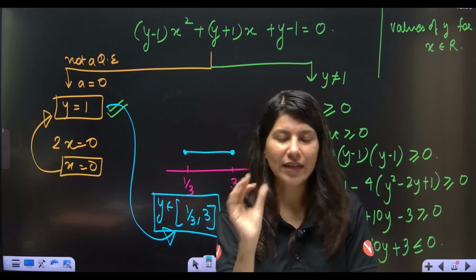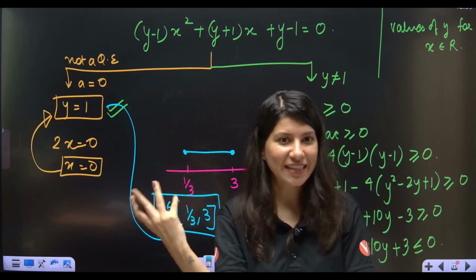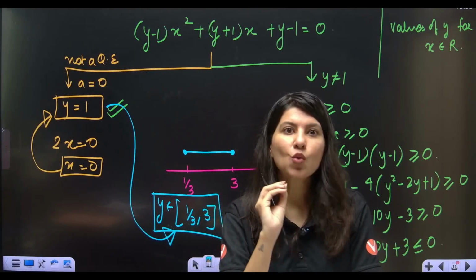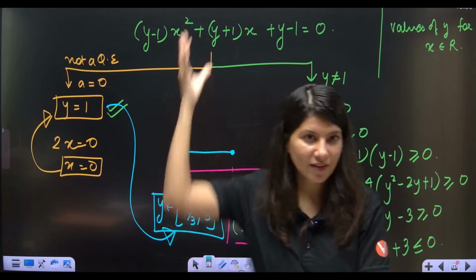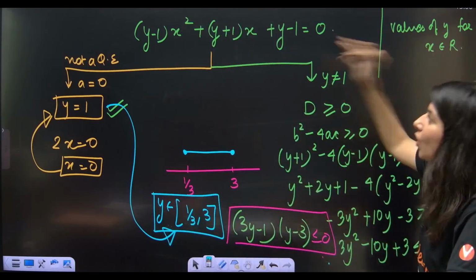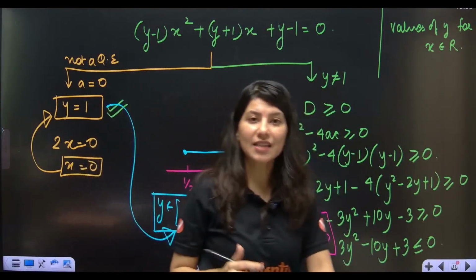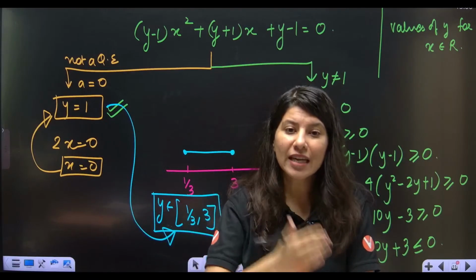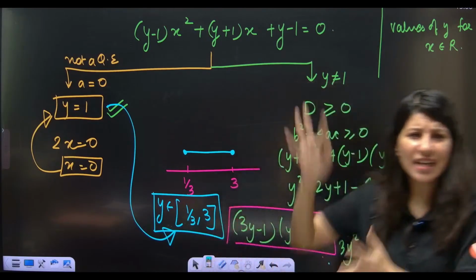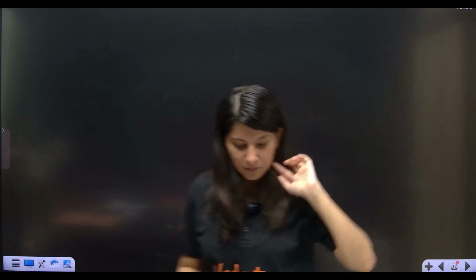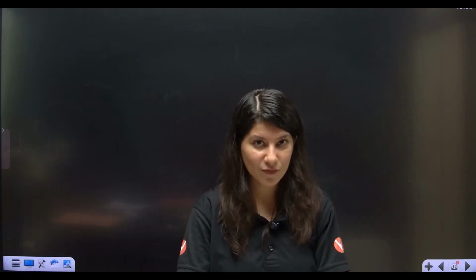Trick can be there, like ninja techniques, but for this particular method the process will always be the same, just the data will be different. Five questions you have to do, same template, same algorithm, copy paste. All right, so the range is 1/3 to 3.